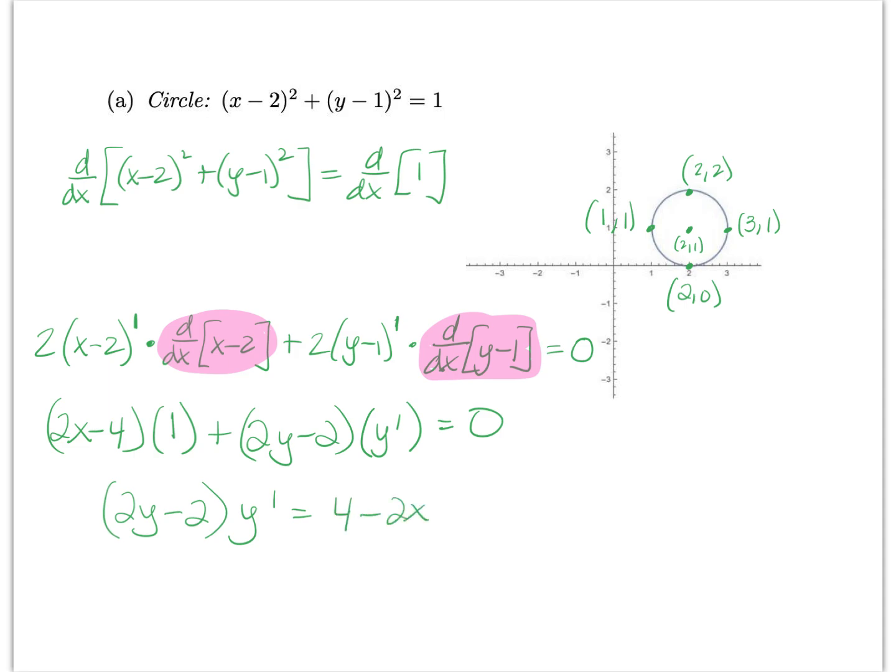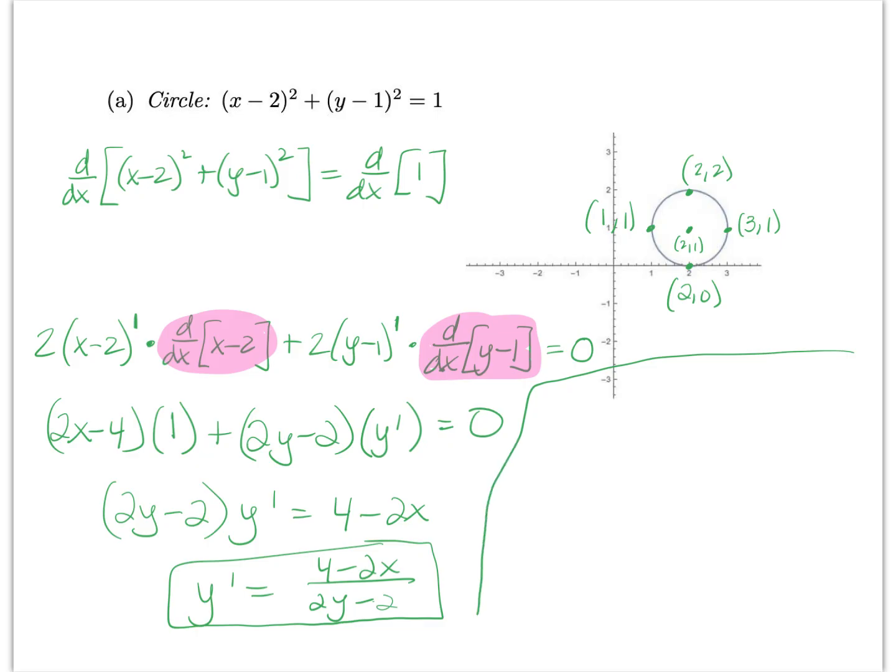And then I'm going to divide both sides by 2y − 2. So I have y prime equals (4 − 2x) over (2y − 2). And there's my derivative. And then I want to use that to confirm where my tangent lines are horizontal and vertical.